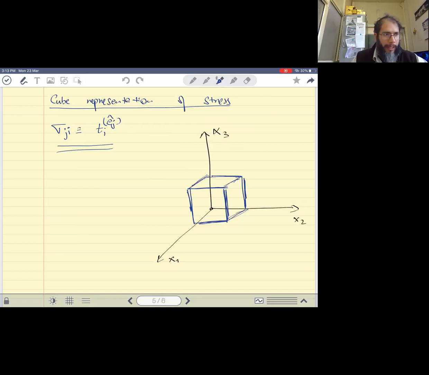So what that means is, if I take one of the planes, the plane which has got E1 hat as its perpendicular, so this plane, which has a normal in the E1 direction, then the stress vector which I draw on this plane will have three components.